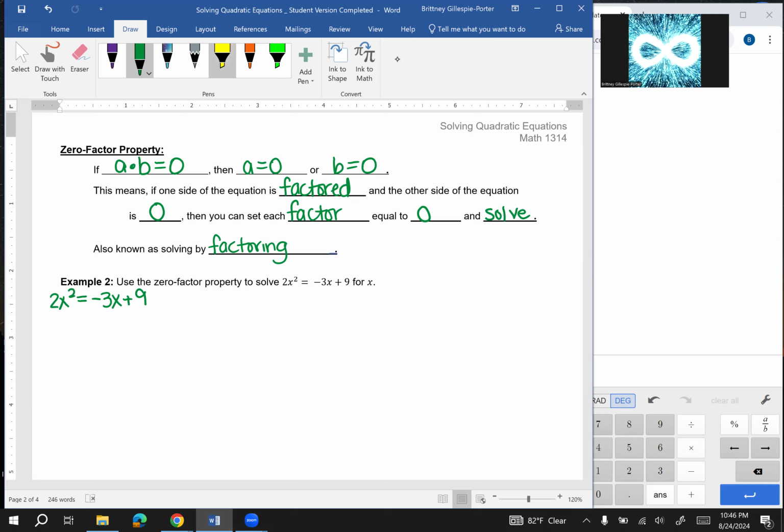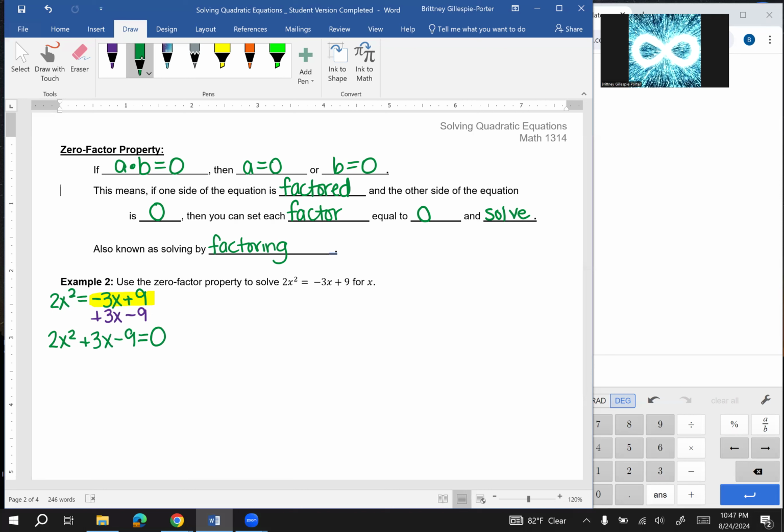And because we will be factoring and we don't do negative leading coefficients, and I don't want to have to worry about a GCF, I'm going to move my right-hand side stuff over to the left, which means that I'm going to wind up adding 3x to both sides and subtracting the 9. This means that I have 2x squared plus 3x minus 9 equal to 0.